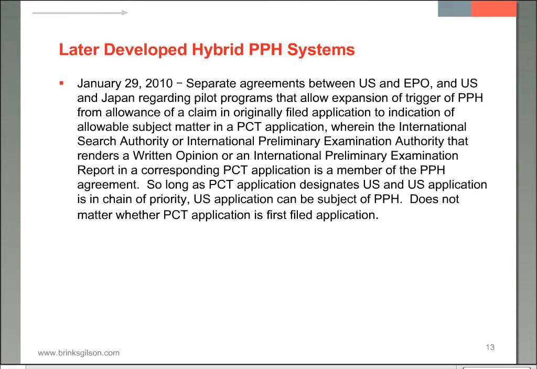Okay, one interesting change to the current version of the PPH was instituted in 2010. The change was that PCT applications were allowed to be a trigger to enter the PPH in the US, Japan, or the European Patent Office.